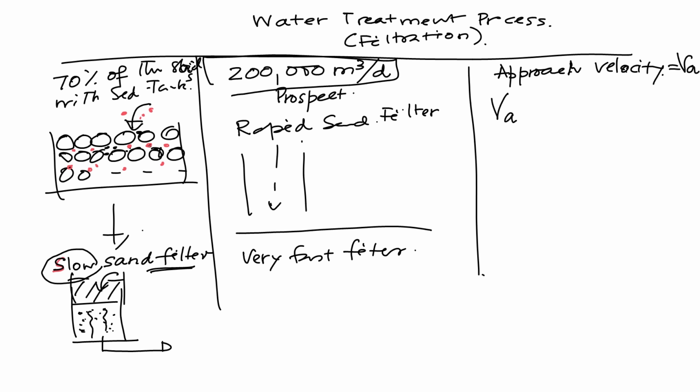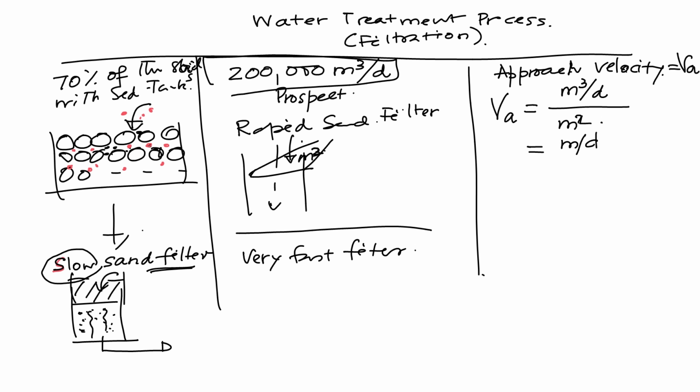Approach velocity VA is defined as how much water is flowing through, in cubic meters per second or per day, per square meter of filter. So if you have a filter here, with a square meter of area, how many cubic meters of water go through it in a day is called the approach velocity. So basically, you can say it is in meters per day.